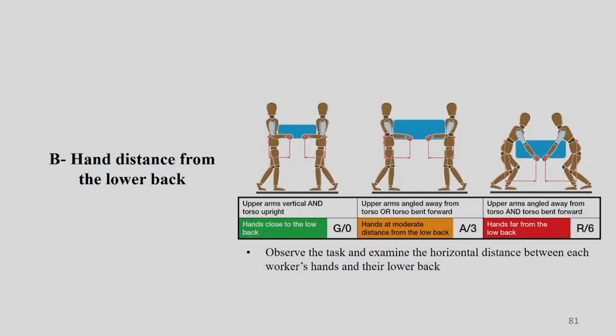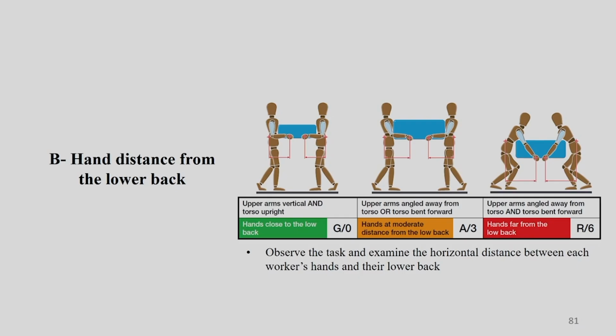Rest of the factors, again it's a little different from the single person's operation. The first one, hand distance from the lower back: upper arm vertical and the torso is upright, so hand close to the lower back, then it is 0 for both the cases.